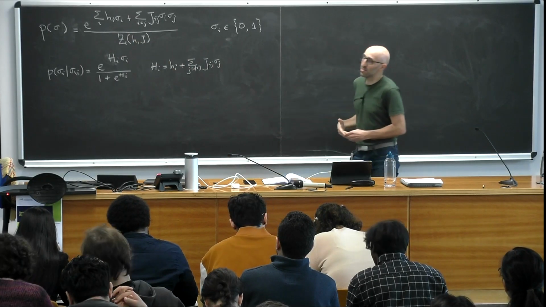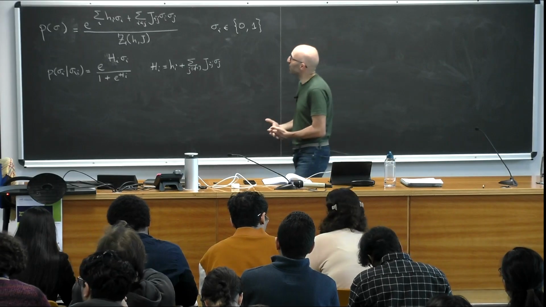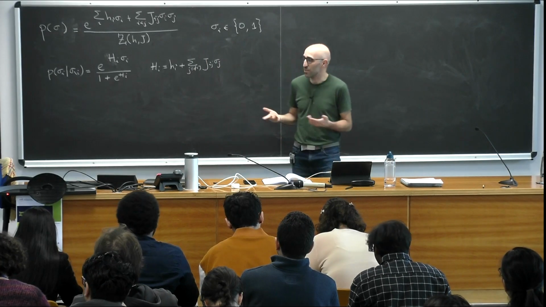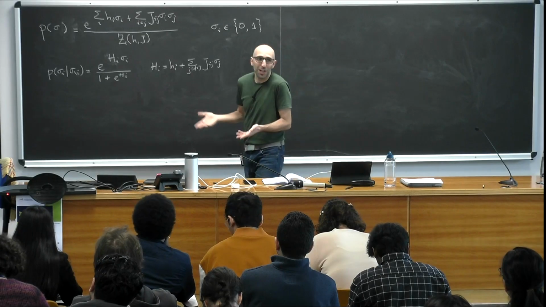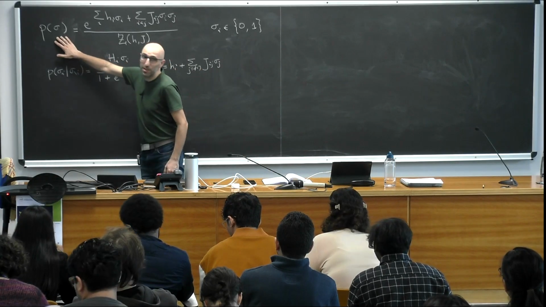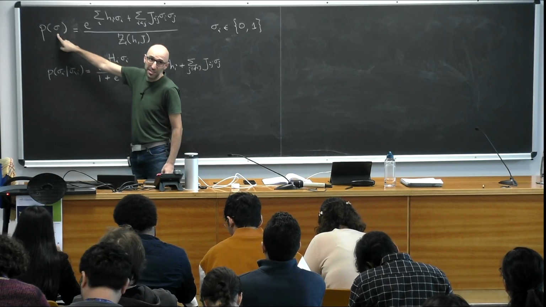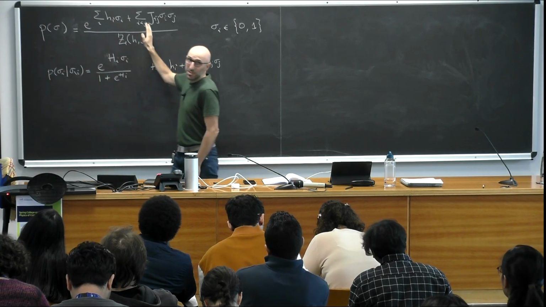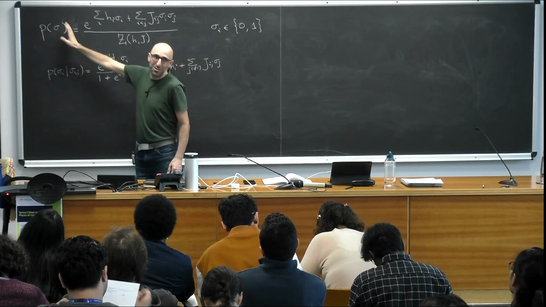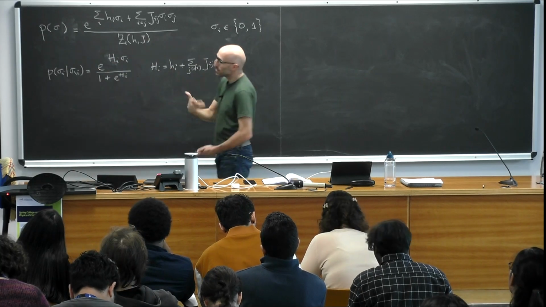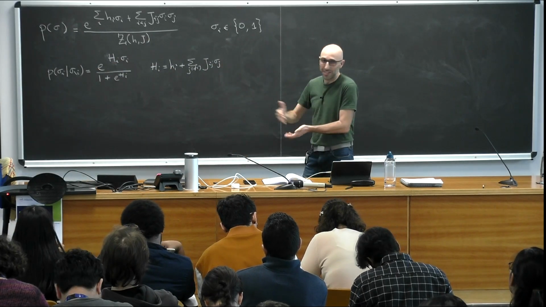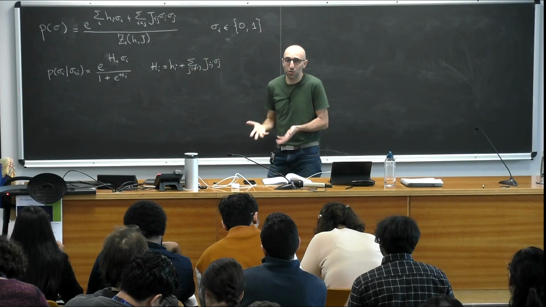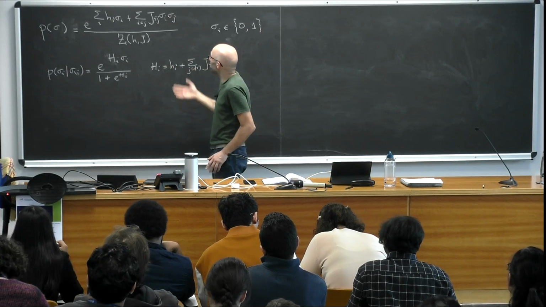And we said we can motivate this choice in two ways. One, we can say we want to do maximum likelihood inference. So we choose a likelihood. In this case, this will be our likelihood of the data, sigma. Sigma are the data. Given the parameters h and J, I don't write it explicitly, but this will be the probability of sigma given the set of parameters h and J. And you can say, I choose this likelihood because it's simple.